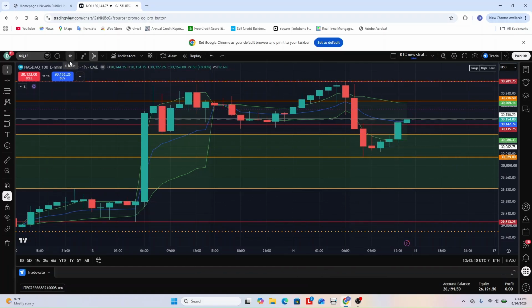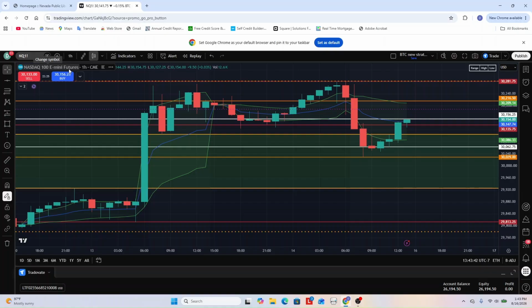Now, for me personally, I usually take my trades on the 5 minute. And if I can't get in to take a trade on the 5 minute, I usually look at the 2 minute to see if maybe a bullish or a bearish fair value gap has been created.